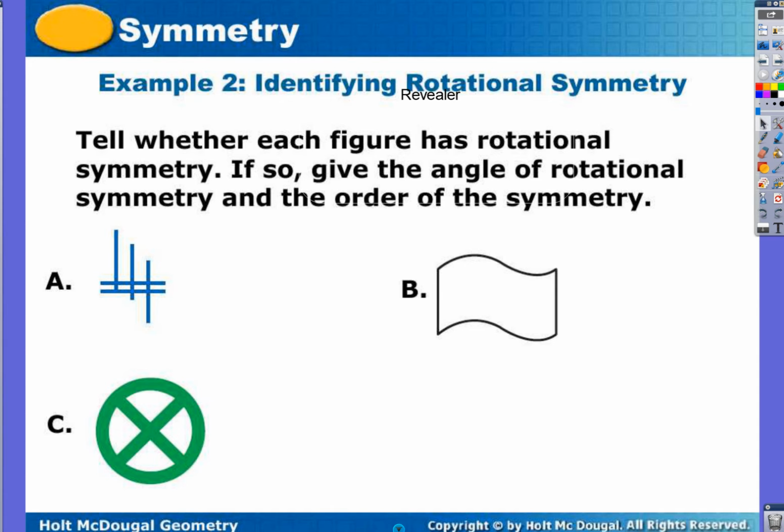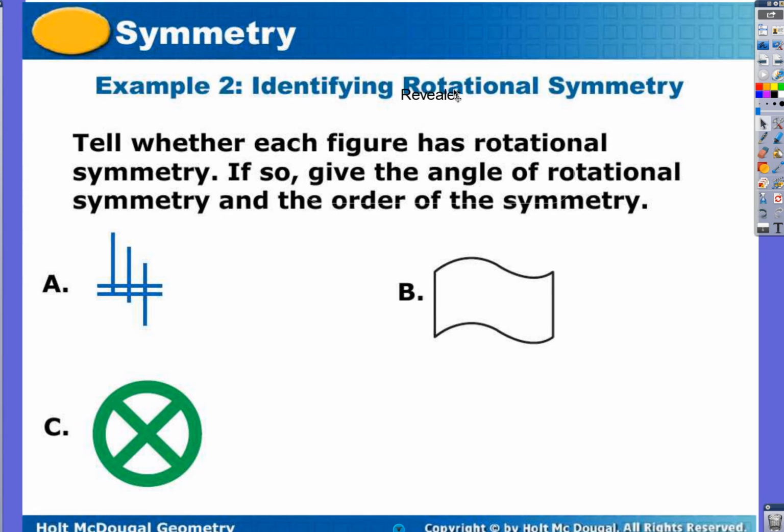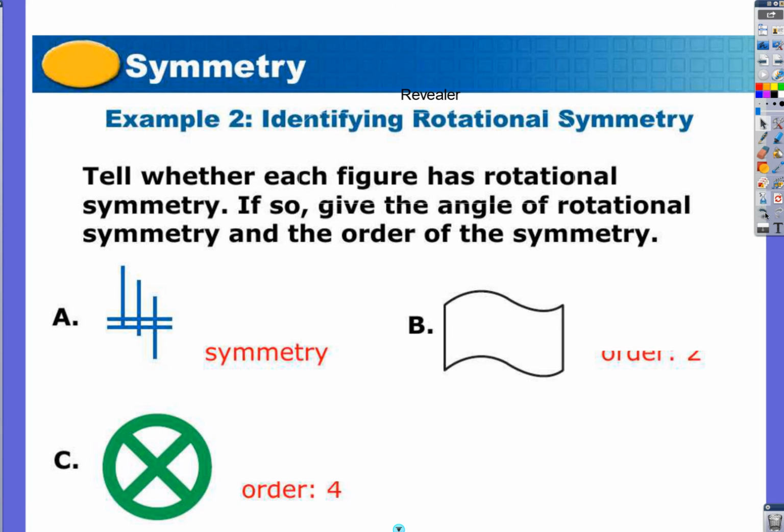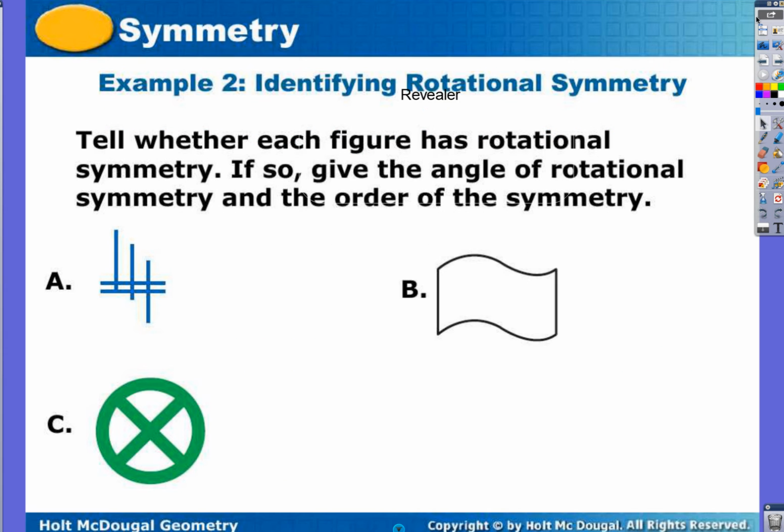If you did a 180, you'd have 3 lines going down and only 1 line going up. So I would say A would be no, because it wouldn't look exactly the same. A doesn't have any rotational symmetry. There's no way to get it to look exactly the same by only rotating. Now we're not doing lines, we're not doing an axis, we're doing rotation.